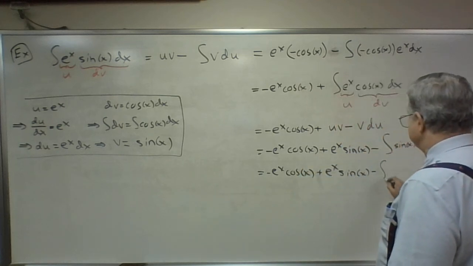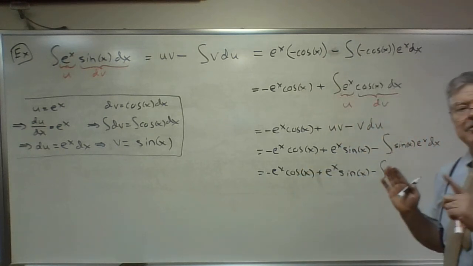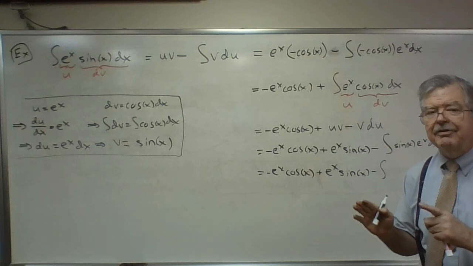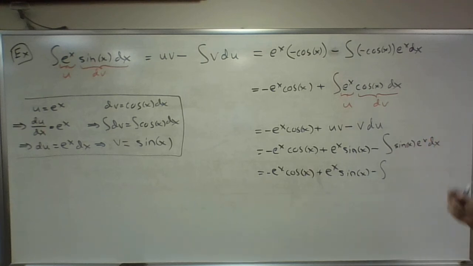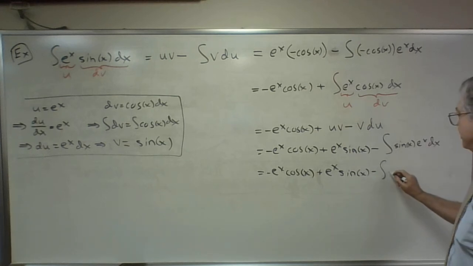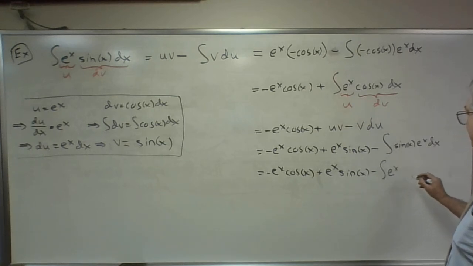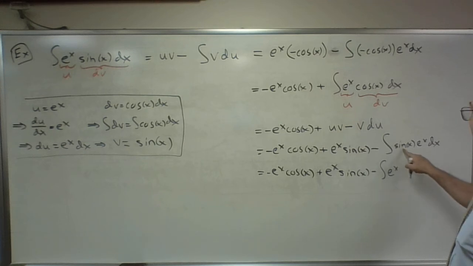And remember, we don't switch horses in midstream. If the exponential function has been our u, it's going to continue to be our u. If the trig function has been our dv, it's going to continue to be our dv.